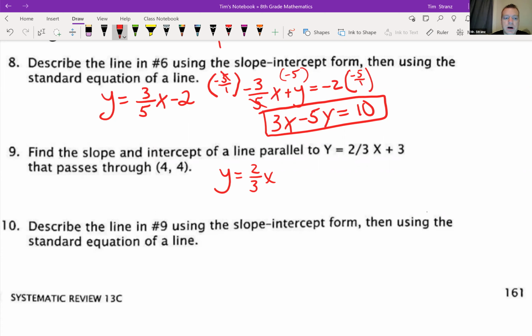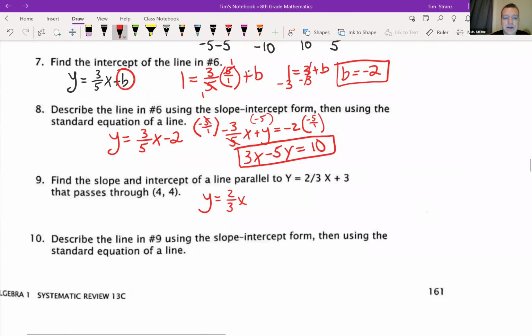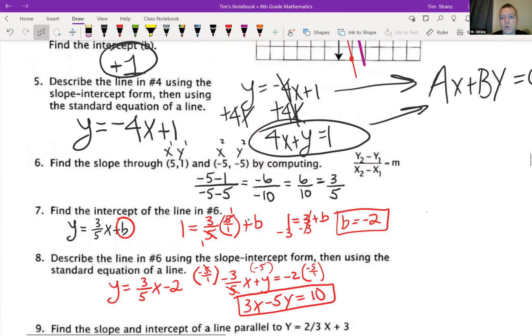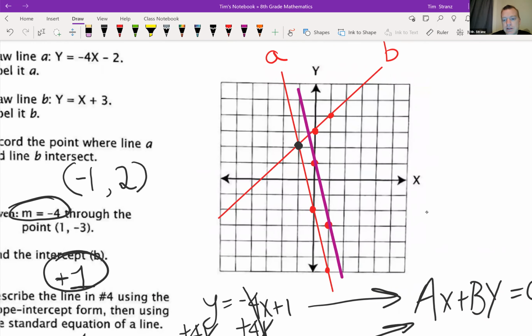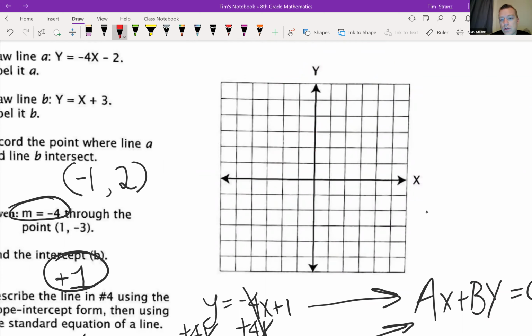So I'm going to go back up to my graph up here, and I'm going to plot the point (4, 4). I'm going to erase all this so we don't get confused. So 1, 2, 3, 4, 1, 2, 3, 4. My slope is 2/3.